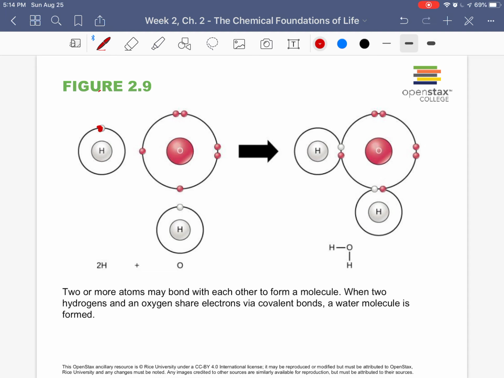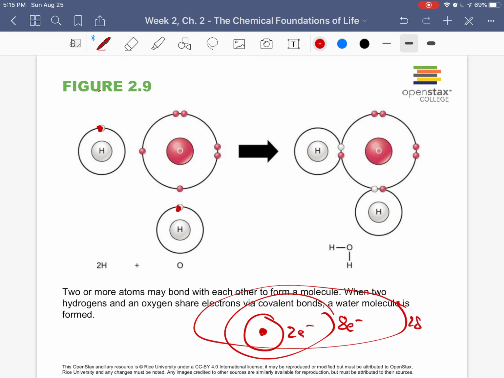This is hydrogen's electron, and this is hydrogen's electron. Hydrogen is in this first valence shell. And if you remember, the first valence shell holds 2. So our valence shells are, remember, 2, and then it's 8, and then it's 18. Okay, so this first valence shell is not full. Hydrogen has 1 electron. It wants 2 electrons. And if we look at oxygen, oxygen has 2 electrons here.